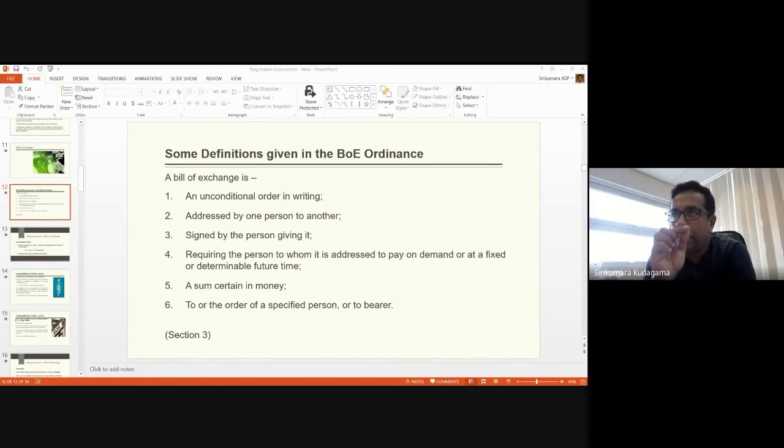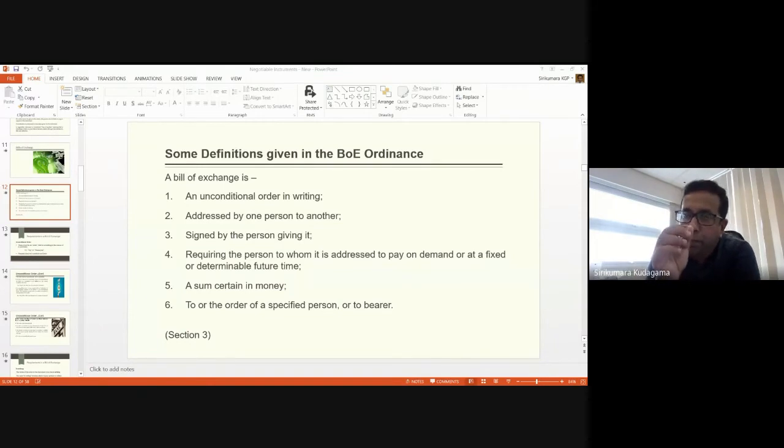Pay, then there is a blank. I would say pay X 1,000 rupees. I'm asking the Bank of Ceylon to pay X 1,000 rupees. When I say X, it's a name. Pay someone, or somebody.